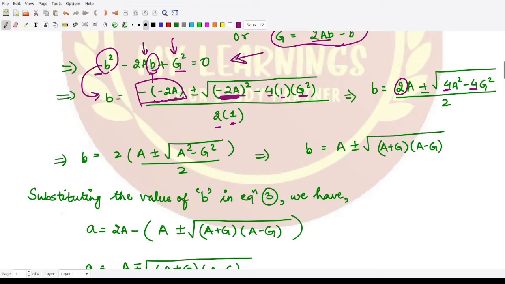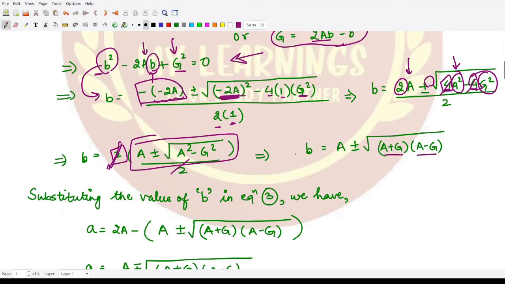We can take this 2 and this 2 as common, and we would be left with A plus minus the square root of A square minus G square, because this 4 has been utilized here. So this 2 and this 2 cancel with each other, and we are left with just this quantity. A square minus G square could be written like this, A plus G into A minus G. Hence the value of b comes out to be these two values.